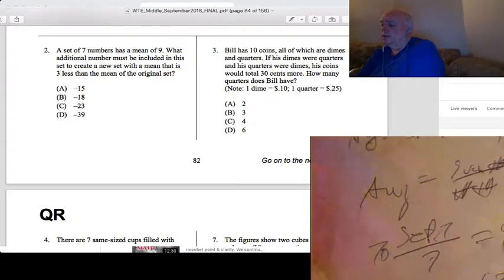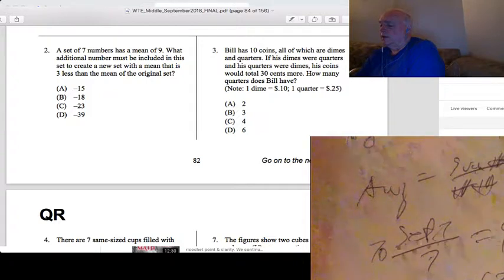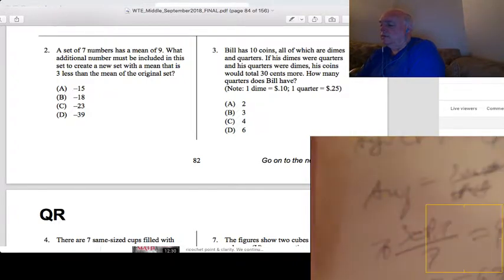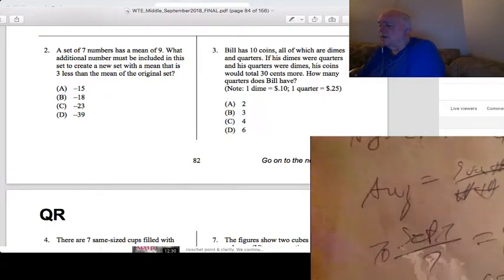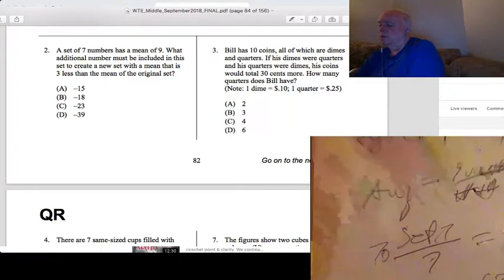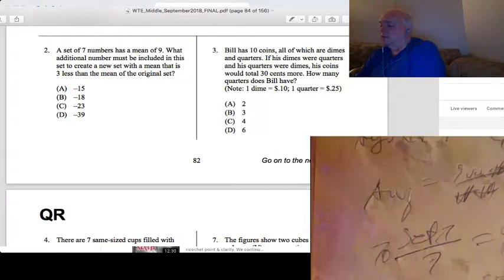If you subtract the two numbers, 63 minus 48, we get 15. And it's going to be minus 15, because the new mean is smaller than the other one. So basically, instead of 63 minus 48, we have 48 minus 63.